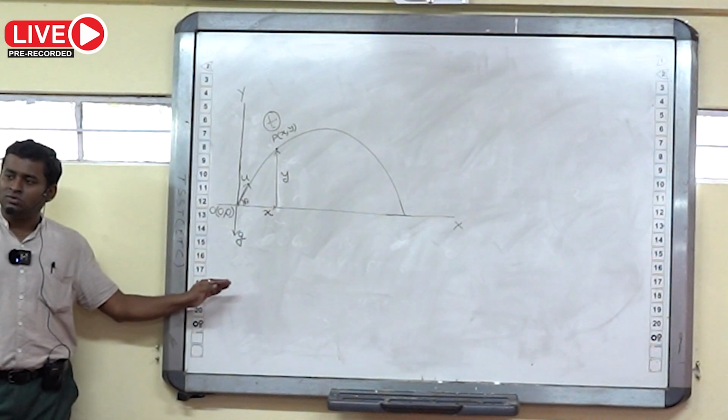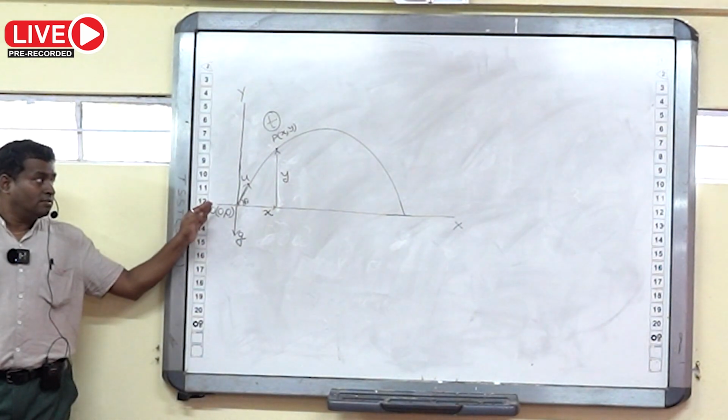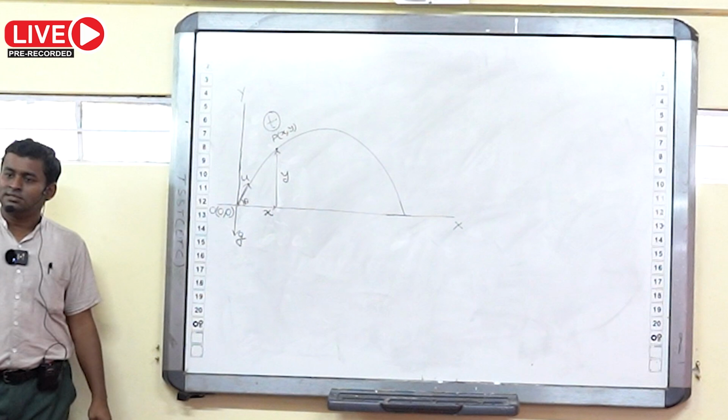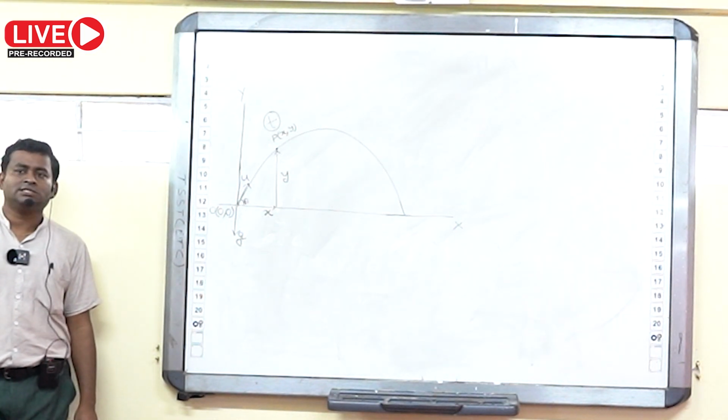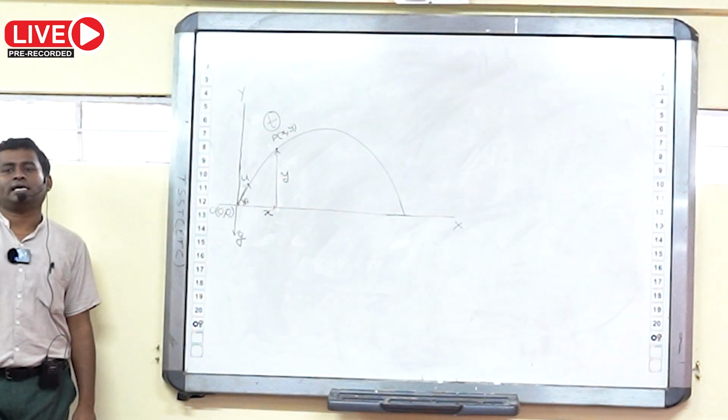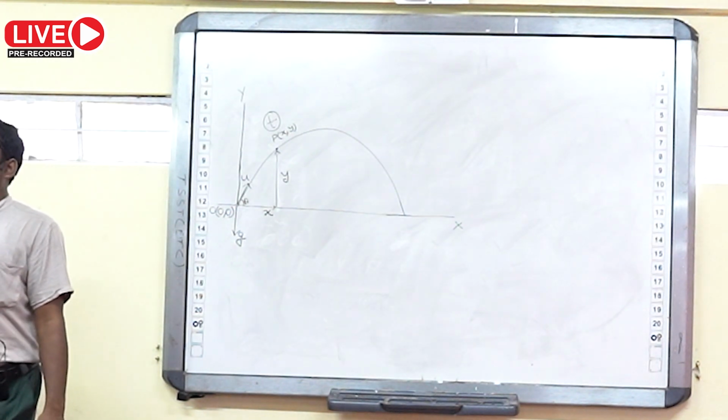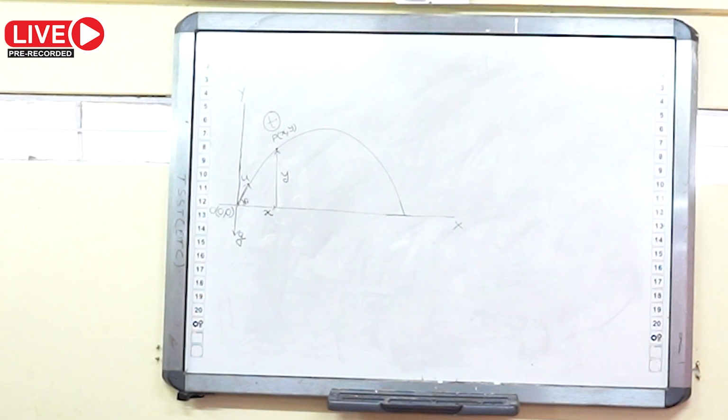g is vertically down, but u is oblique to both the axes. It is not along a particular axis. We want to describe this motion by two one-dimensional motions. One is along the x-axis and another is along the y-axis.